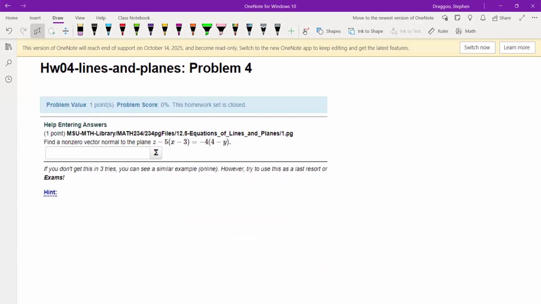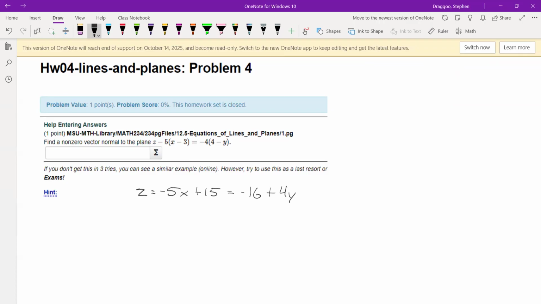What else have we got? All right, I want to find a non-zero vector that is normal to the plane, this thing. So I really just want to pick out a normal vector for this plane equation. So I'm going to put it into a form that I recognize a little bit better. I'll call this thing z equals -5x plus 15 is equal to -16 plus 4y.